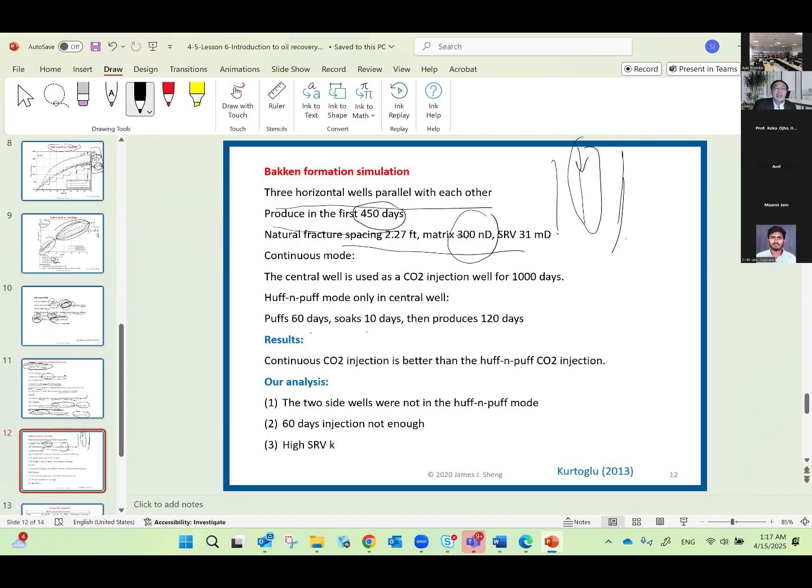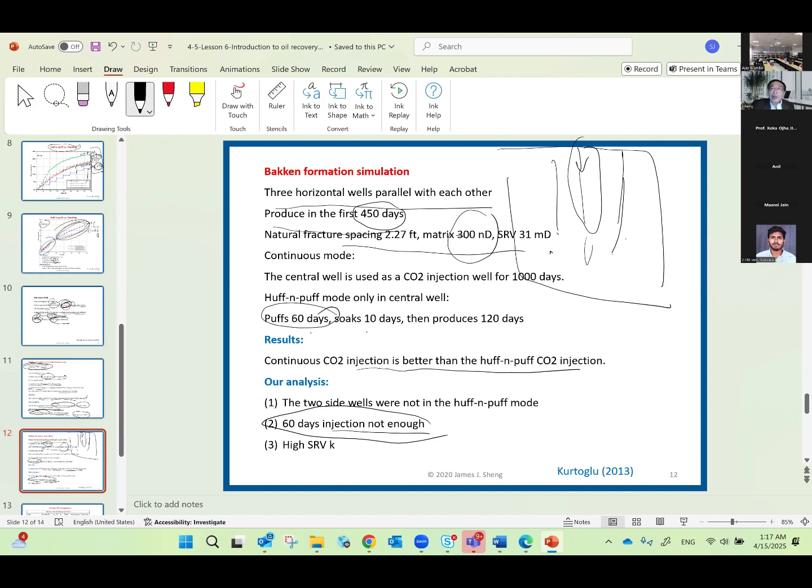What I found is continuous injection is better than Huff-n-Puff. Okay, again, against our conclusion. Why? Because the 2 side wells were not in Huff-n-Puff. This is continuous mode, and 60 days of injection is not long enough because you have such an area.